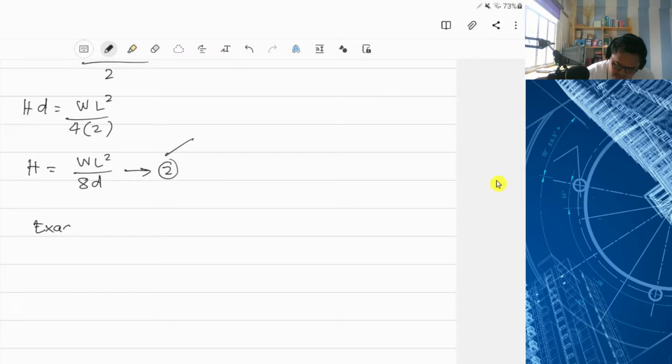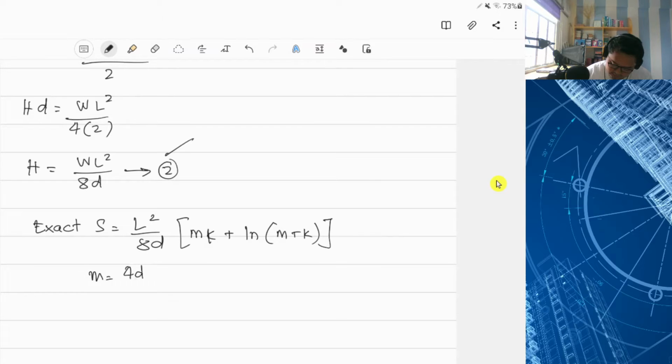Exact S equals L squared over 8D times M K plus Ln of M plus K, where M equals 4D over L and K equals the square root of 1 plus M squared.